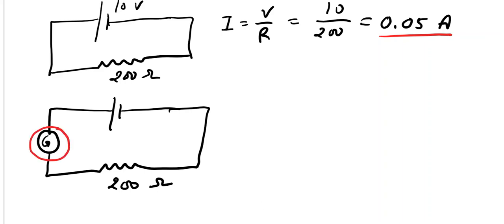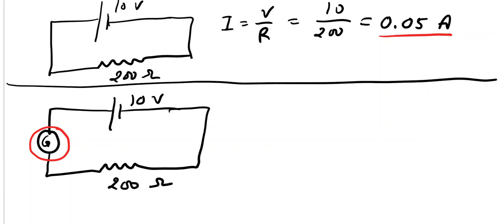See, this galvanometer is connected in series with 200 ohm resistor. And I'm talking about the same 10 volt battery, 200 ohm resistor. And now, theoretically, let the current be denoted by I prime. How much it will be?